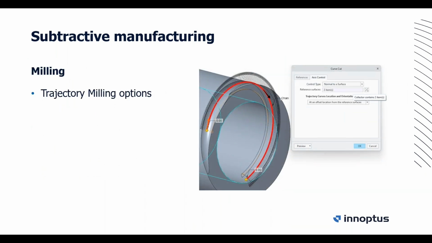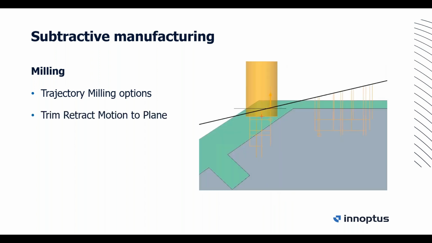Trajectory milling options. This is for very complex machining where you want to follow that trajectory exactly. You also have to define the Z axis of your mill so that it doesn't turn at a different location. Now you can put that normal to your surface, which makes it easier.